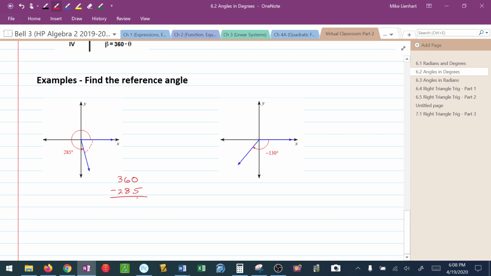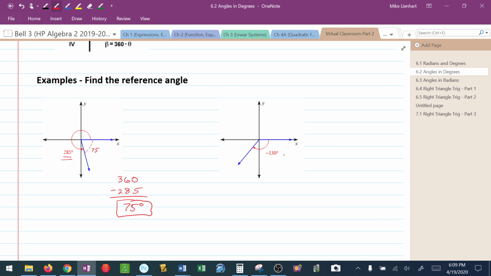Now, if I take 360 minus 285, what I notice is that gives me 75 degrees. That's perfect because I know that this angle is 75 degrees below the x-axis. This angle is between 0 and 90. Therefore, the reference angle for a 285 degree angle would be a 75 degree angle. It's just a 75 degree angle in the 4th quadrant.